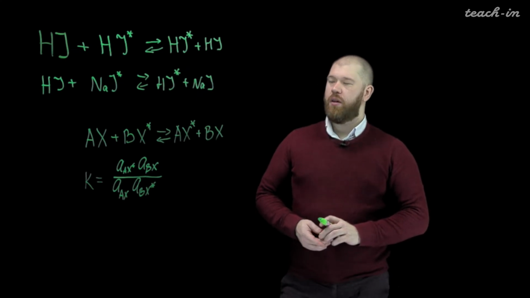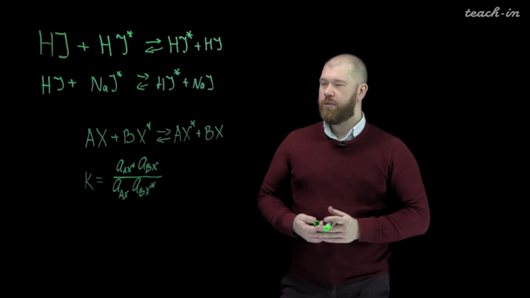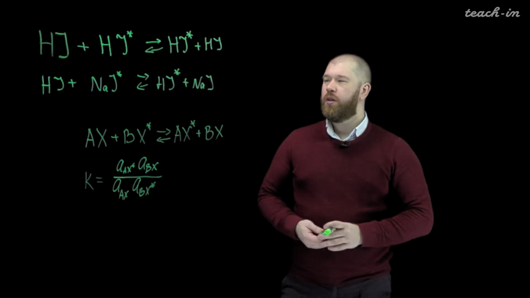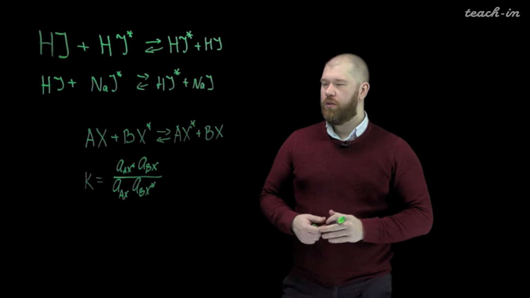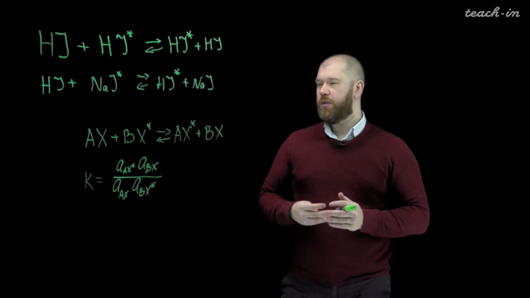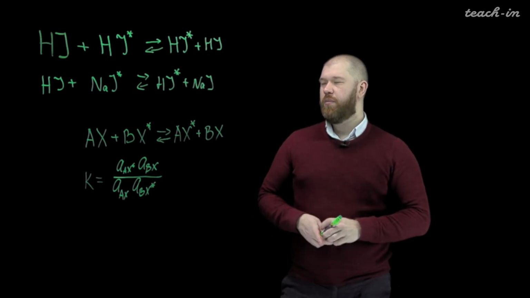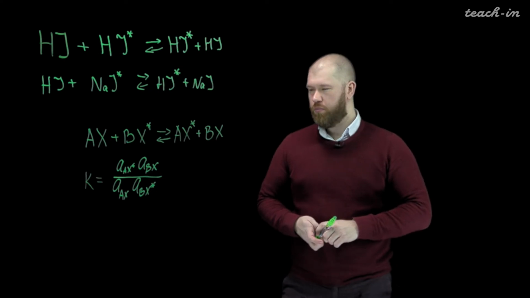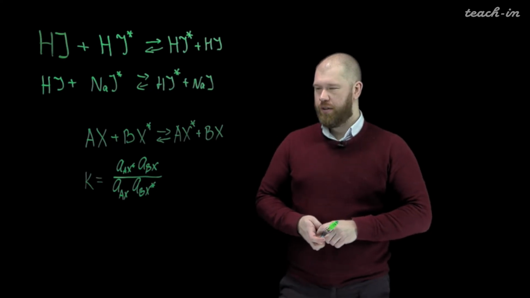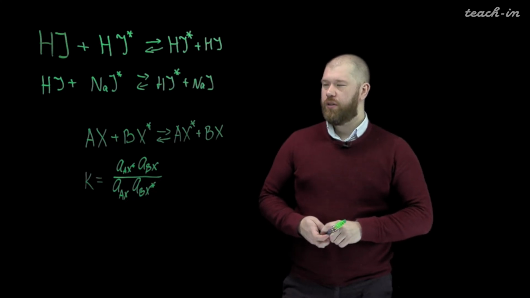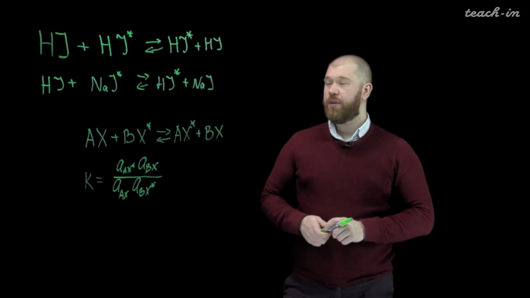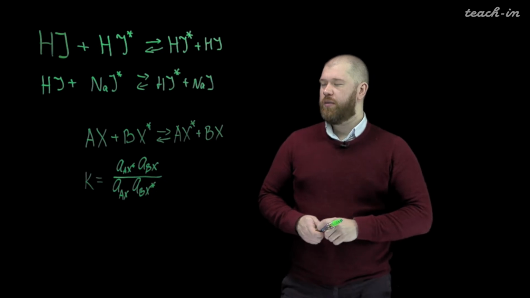Okay. In thermodynamical equilibrium, the specific activity will be distributed between all the compounds homogeneously, let's say. That means that the specific activity of all the compounds will be the same.